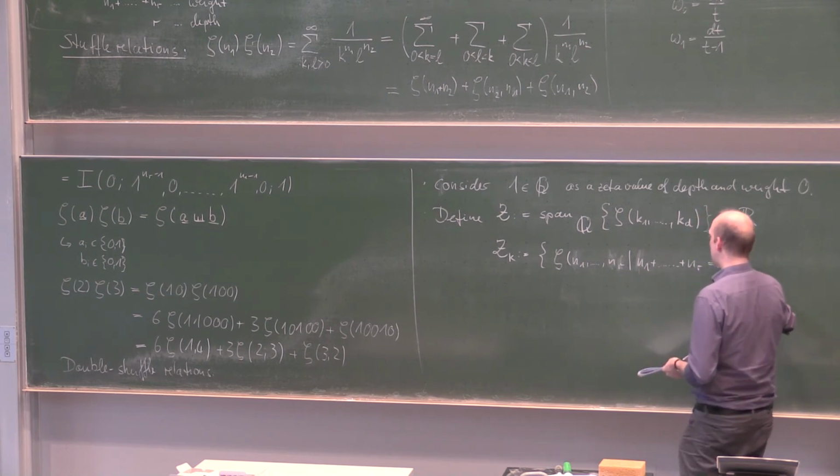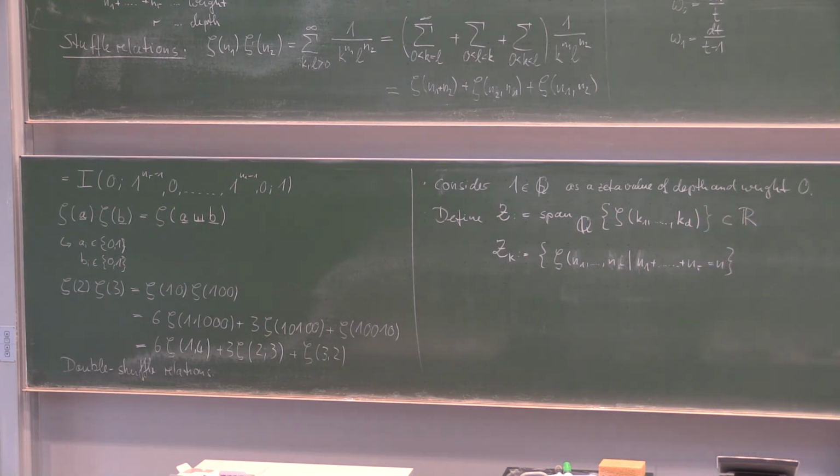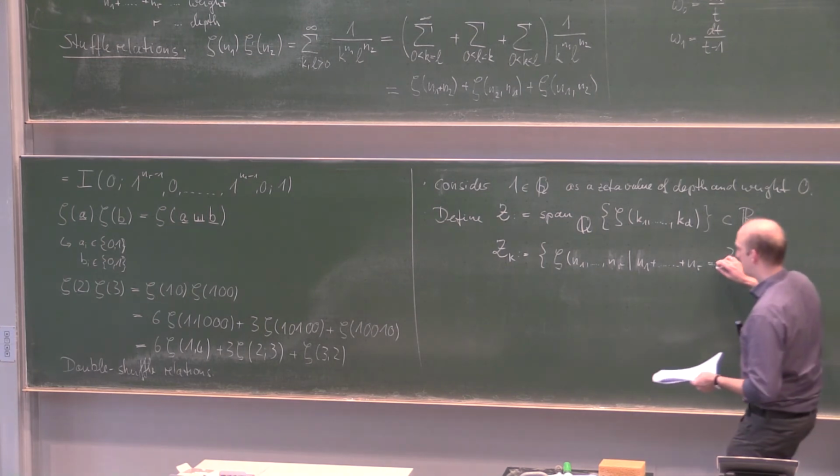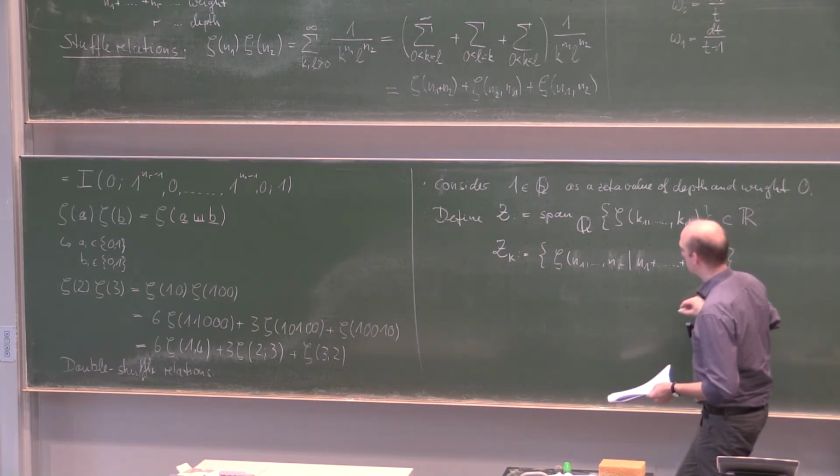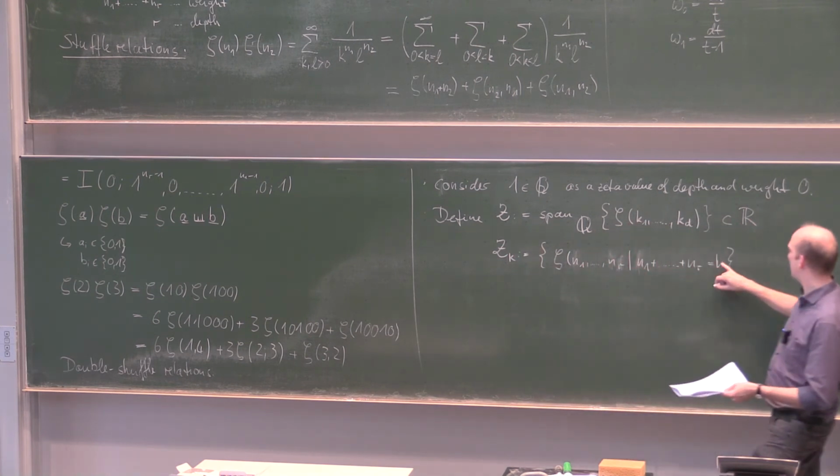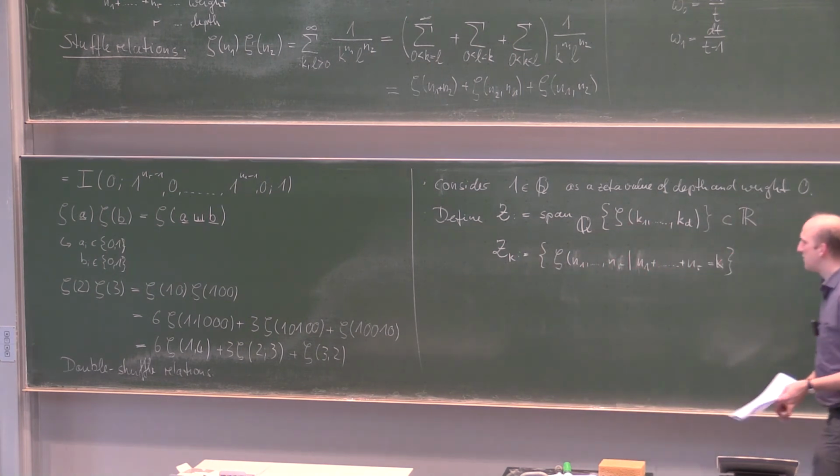So I want a space where all zeta values are of the same weight k.